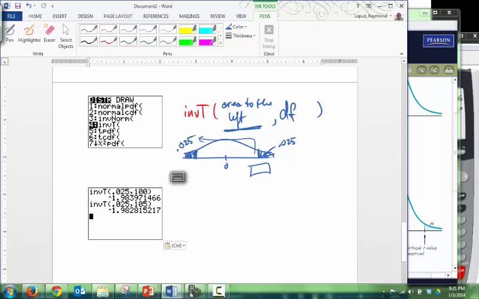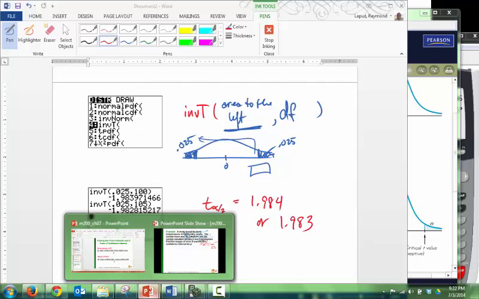So our t-value here based on this is 1.984 or 1.983. Okay. So either case, we get the critical t-value.